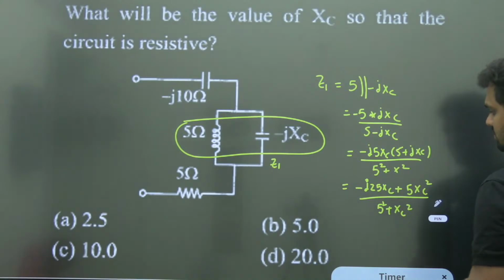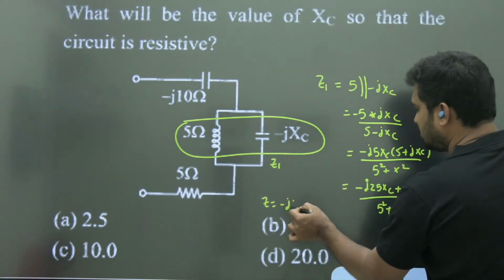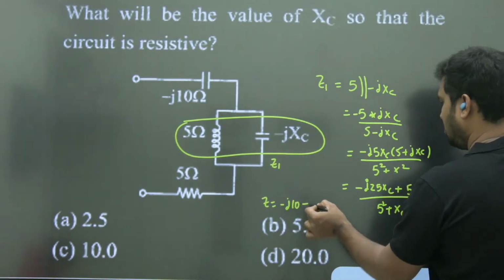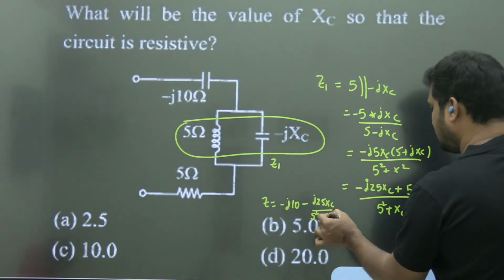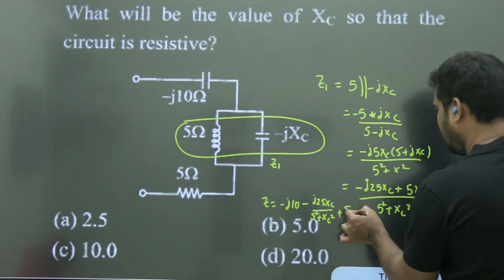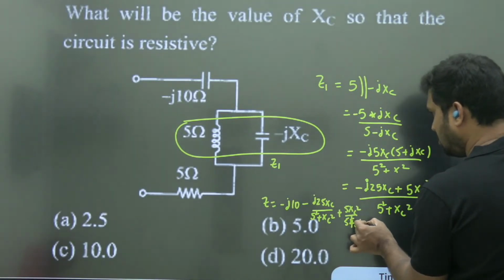Overall Z equals j10 plus minus j25XC by 5 square plus XC square plus 5XC square by 5 square plus XC square plus 5.